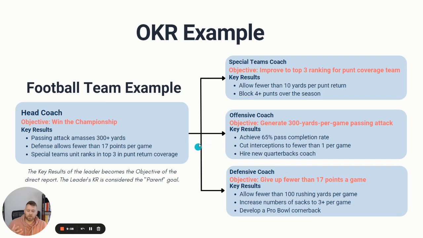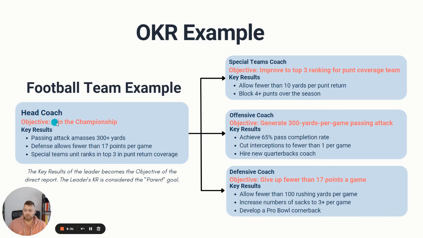But the other thing to call out is this is a cascading OKR framework. And what that means is every single thing is connected to the start. So again, if I go back to the company example, let's say we change this to, instead of head coach, we have company OKR.